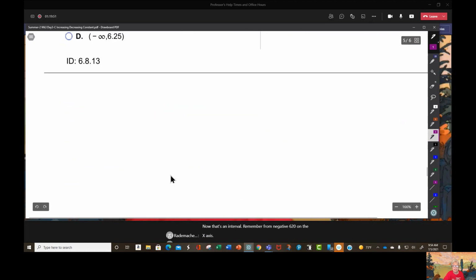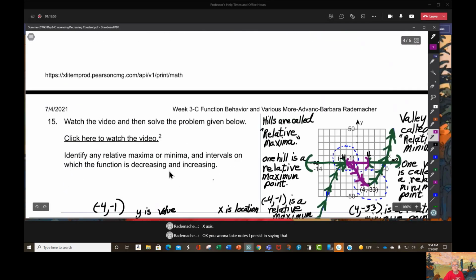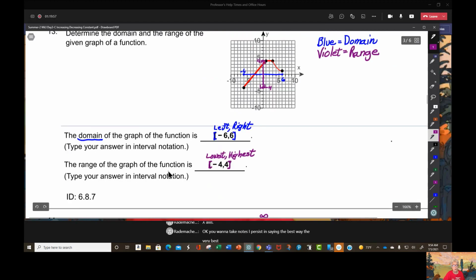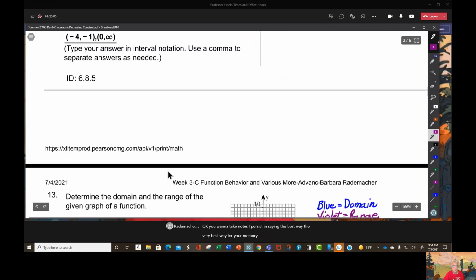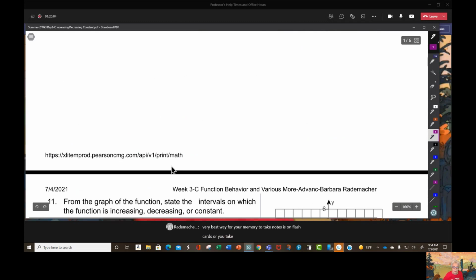Okay, you want to take notes. I persist in saying the best way, the very best way for your memory to take notes is on flashcards. Or you take notes on paper, but you write out the important stuff that you have to remember on flashcards, and then you actually use them.